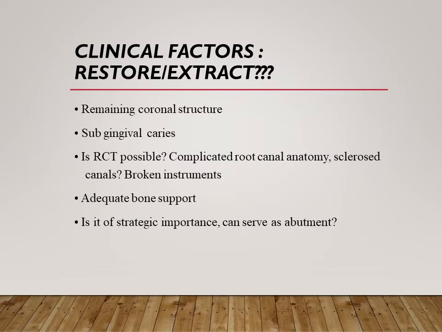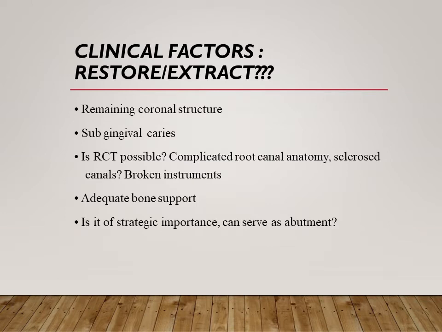So the simplest example is when you have to decide whether a tooth has to go for restoration or extraction. So you have certain criteria which have to be judged. The first is, for example, the remaining coronal tooth structure. So you have to decide, in the long term, what kind of a patient is it?